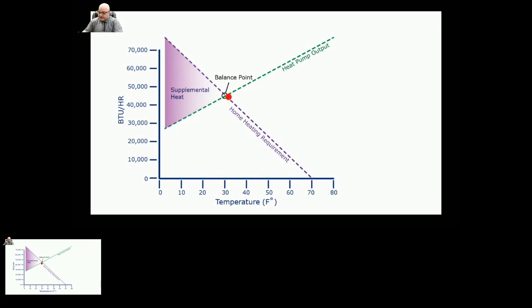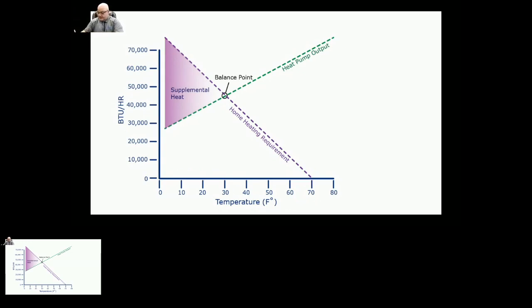So you get to a point where the output of your equipment as a heat pump is not going to meet the demand of your house or whatever space you're heating. So let's say it's a house. Let's say the house requires 45,000 BTUs per hour.